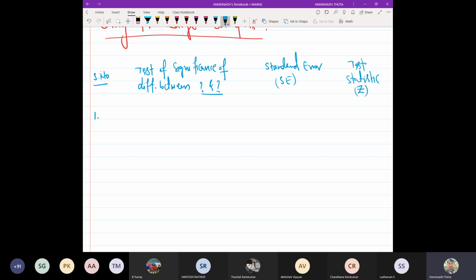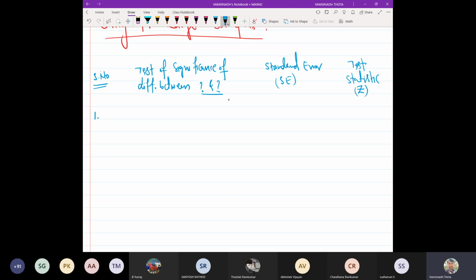So the very first thing: there may be some situations where we need to evaluate whether there is a significant difference between the sample mean and the population mean.